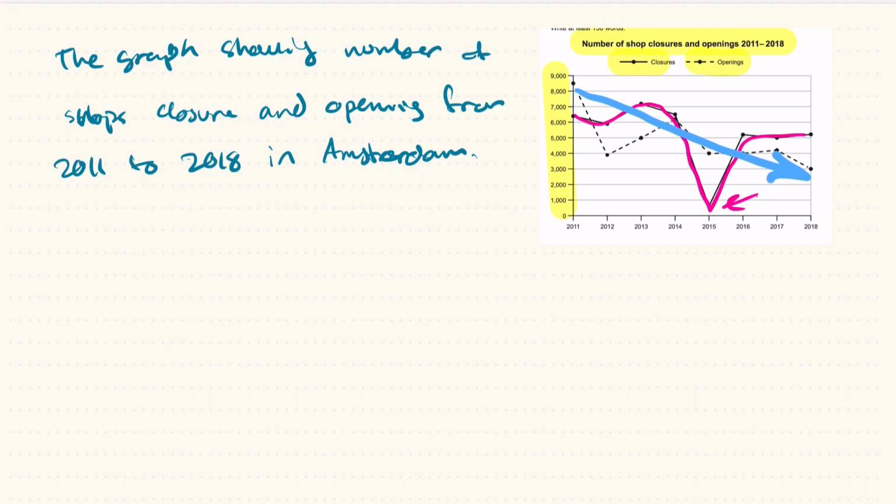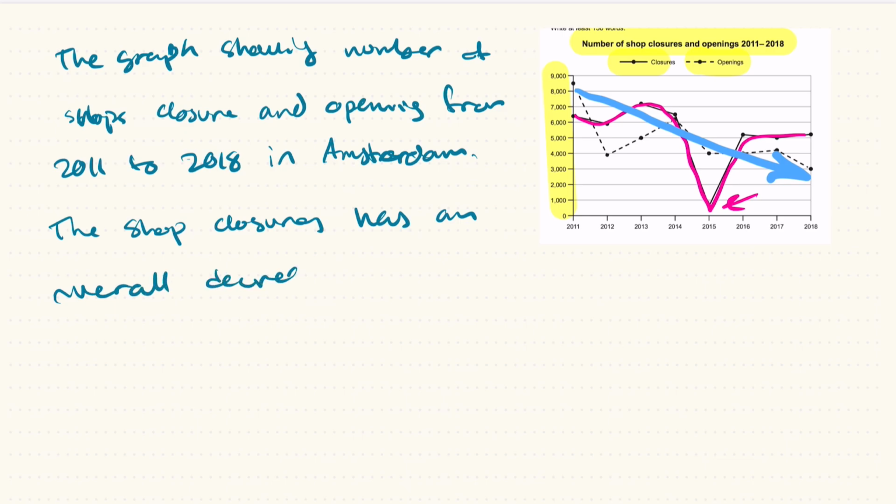So you can say, let's write it a little bit thinner. Let's talk about the closures. The shop closures have an overall decreasing trend.